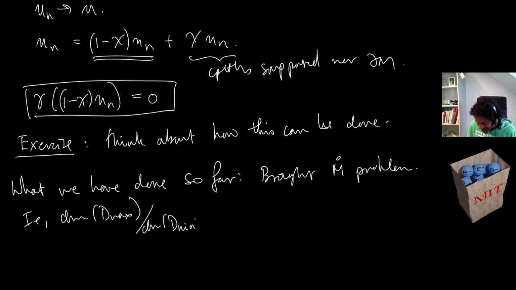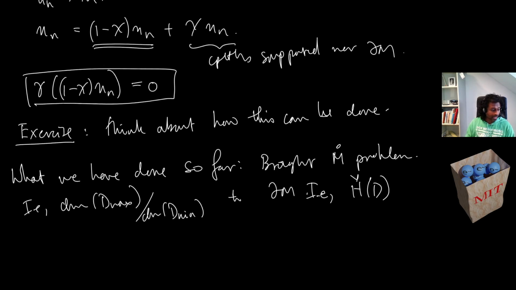I shouldn't call this the interior problem. This is the problem that sees the interior to the boundary, i.e. to H check, i.e. H check of D. We've done nothing more than that, right?